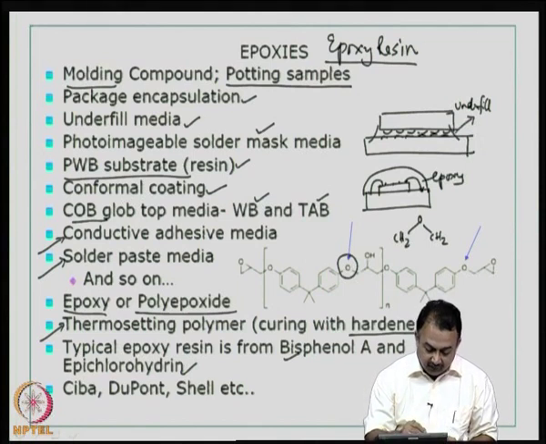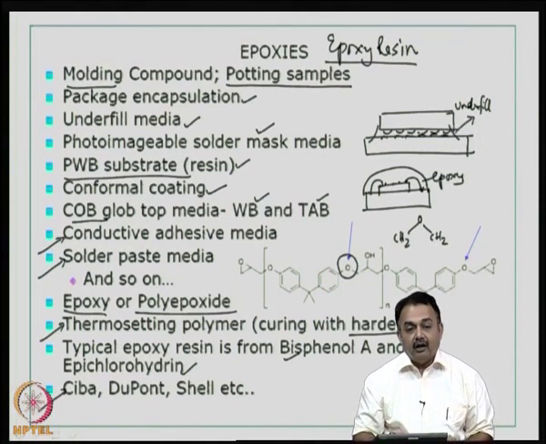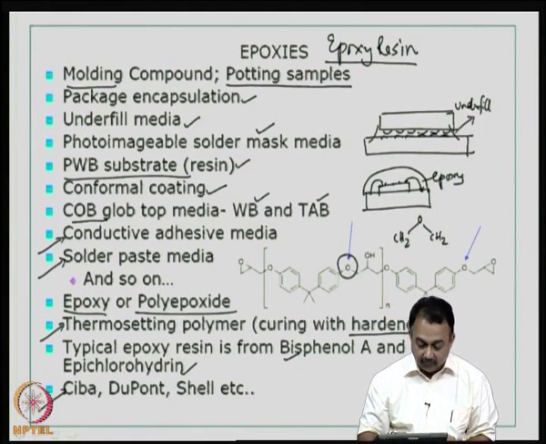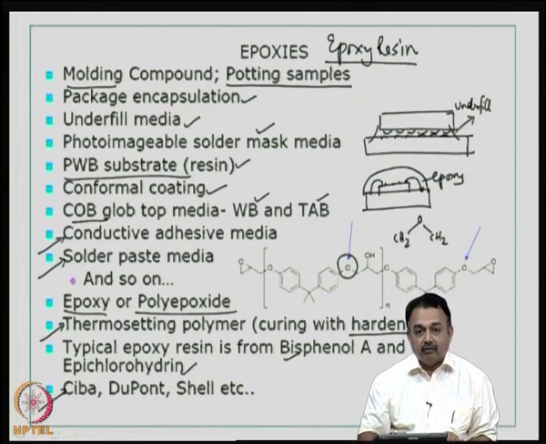And there are different manufacturers for epoxy material. I have just listed a couple of companies here. There are many companies manufacturing epoxy resins for the packaging industry. Epoxy is not only used for electronics industry, it is used for other industries also as a binding material, as a curing material, as a sealing material.